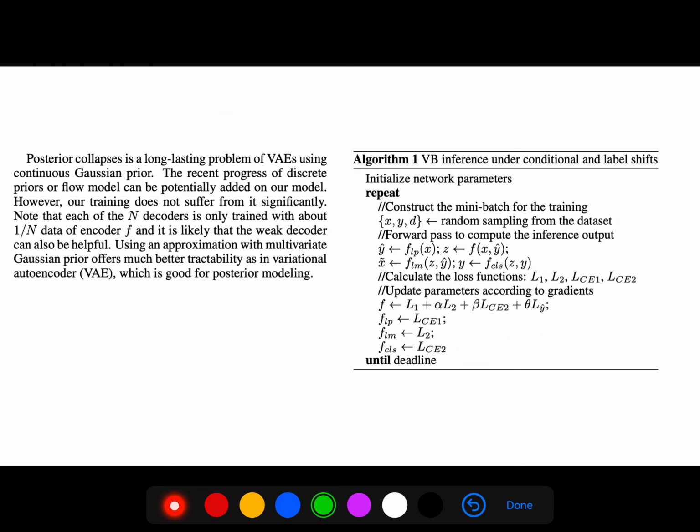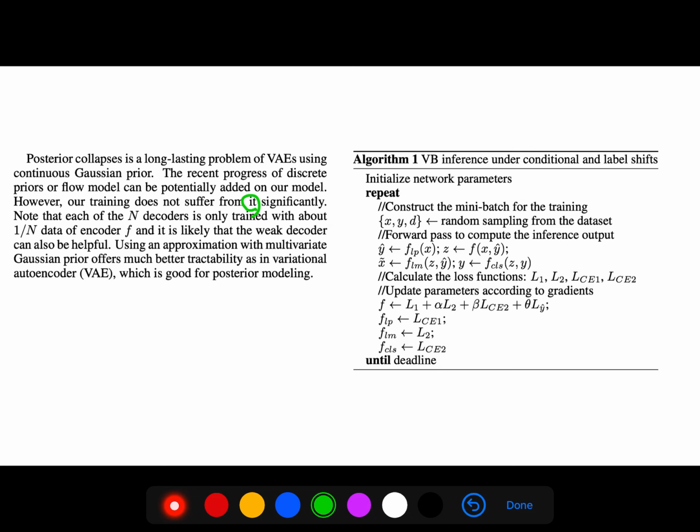Posterior collapse is a long-lasting problem of variational autoencoders. So the recent progress of discrete priors or flow models can potentially be added to our model. However, our training does not suffer from this posterior collapse.